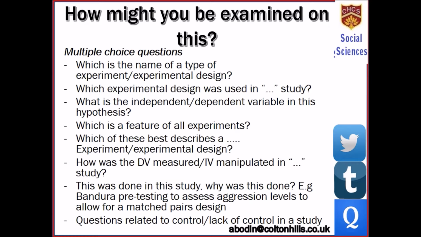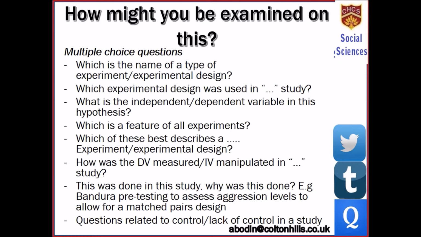So in paper 1, looking at the question there, of the form 'this was done in this study, why was this done?' For example, you could be asked, Bandura pre-tested the participants to assess aggression levels, why was this done? And the answer would be that it allowed for a matched pairs design.